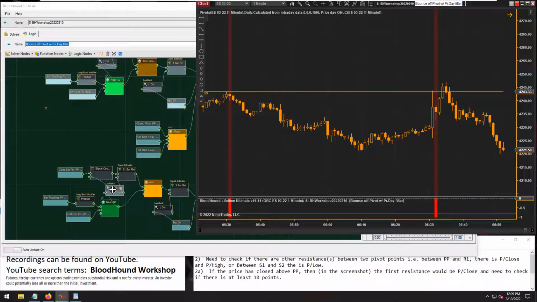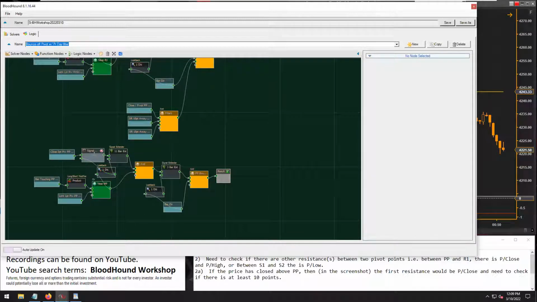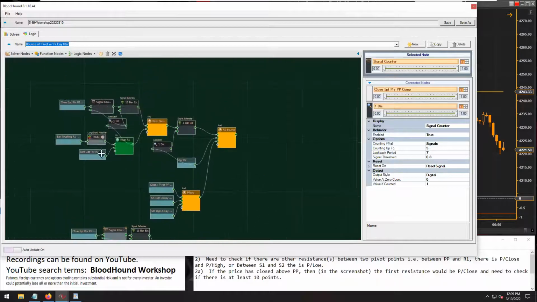So when we added this look back to reset our function nodes, because of this market behavior, well, I mean, the same thing could happen to the R1 line. So you'd want to add that same resetting to this logic up here above as well.